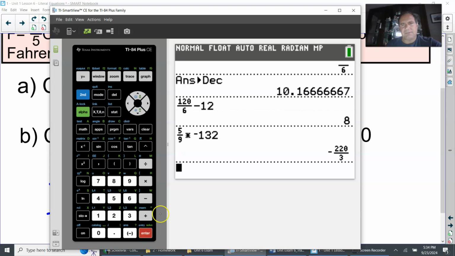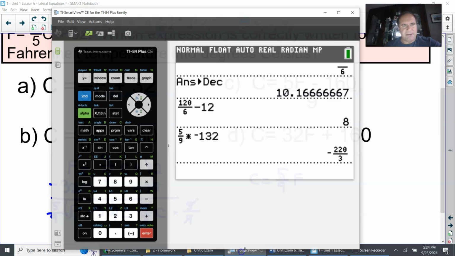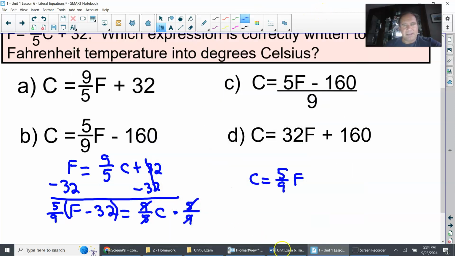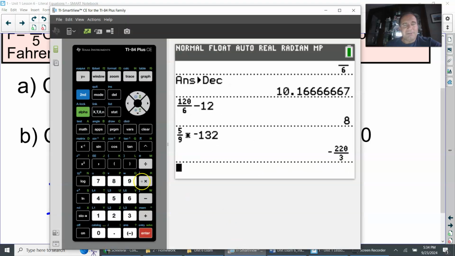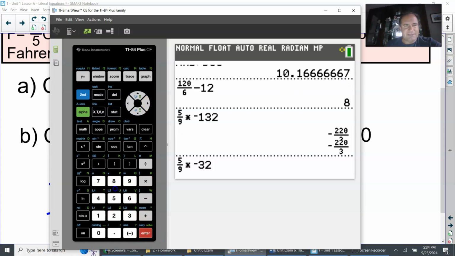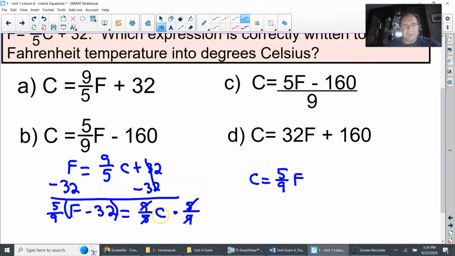And let's see what that gives me. Negative 220 over 3. Sorry, I made a mistake there. It's negative 32. Right? I put negative 132, which is not at all what they had there. Times negative 32. Let's see if that comes out. Negative 160 over 9.